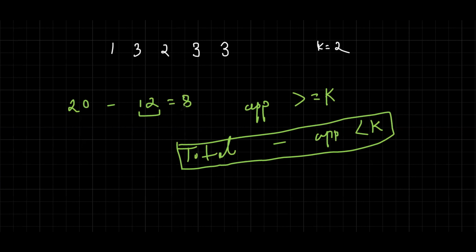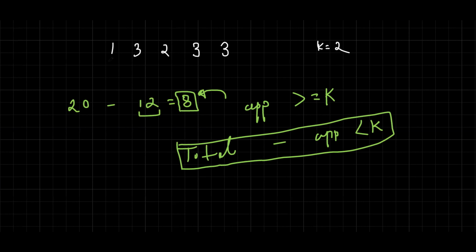What does this 8 mean? This 8 means the number of subarrays where the frequency of element 3 is greater than or equal to k. Or you can say that 8 is the number of subarrays where the frequency of the maximum element is at least k. And this is how we're going to solve this problem.